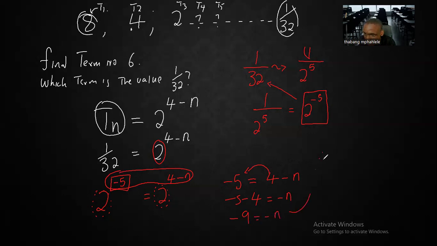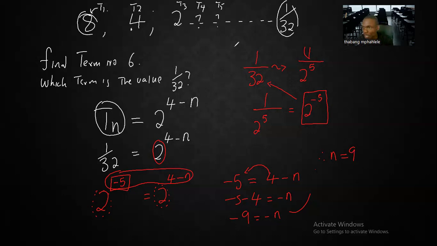Therefore, n is 9. You multiply both sides by negative. So you can see that 1 over 32 is found on term number 9. The question was asking, which term is the value 1 over 32? So we conclude by saying 1 over 32 is on term number 9.